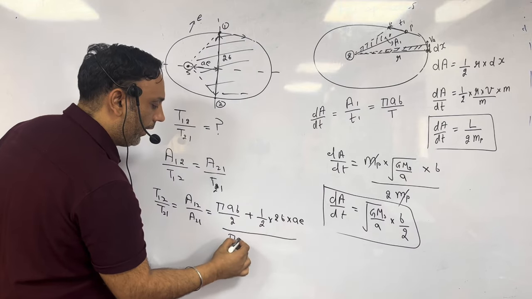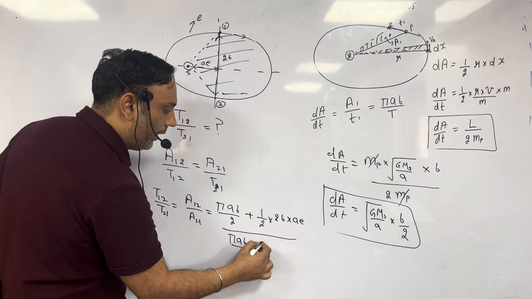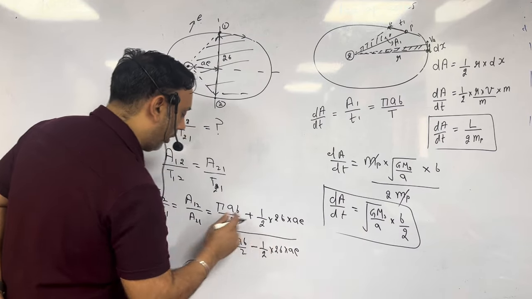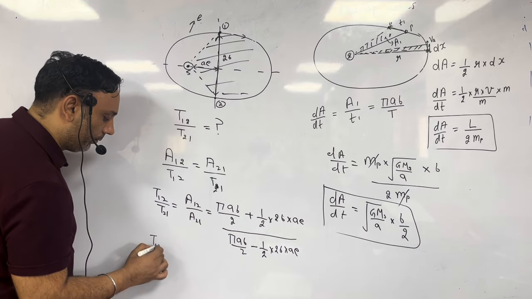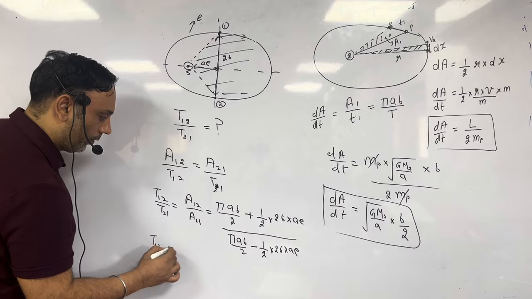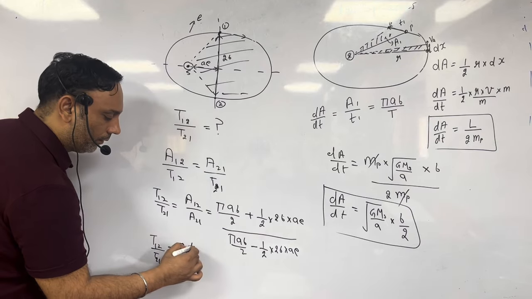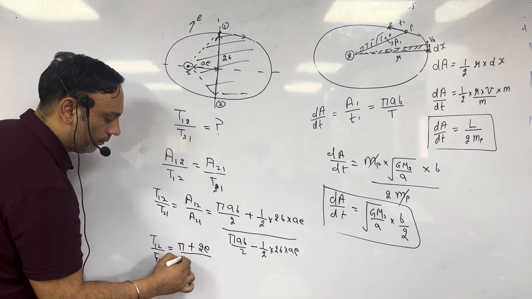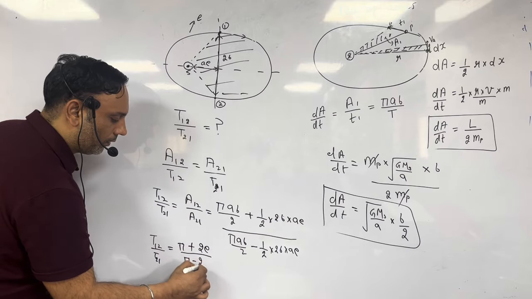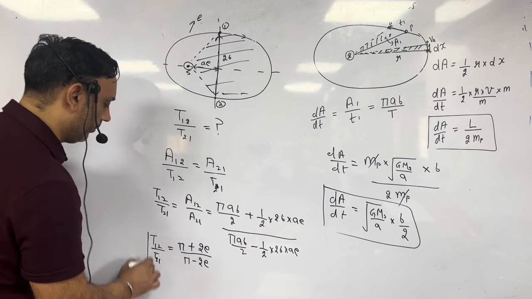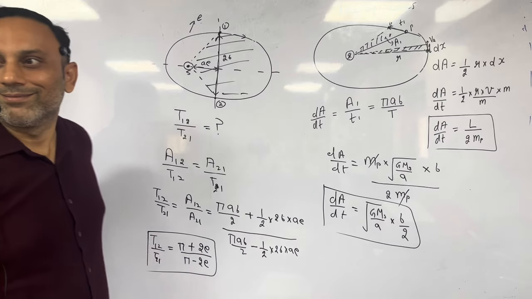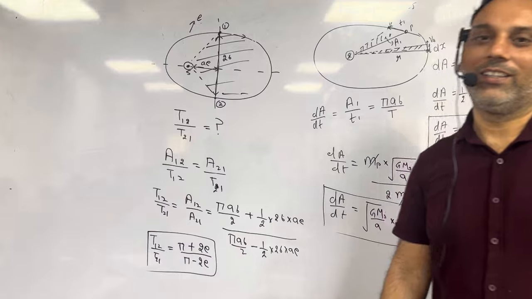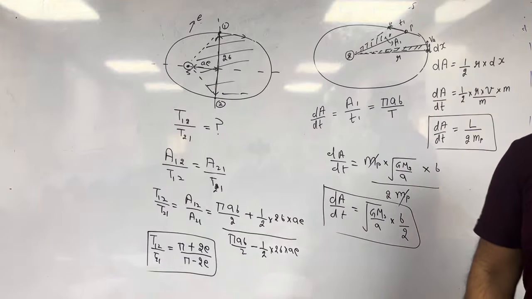So pi ab by 2 minus half into 2b into ae. On solving, what are you getting, beta? Pi plus 2e upon pi minus 2e. Yes or no? Understood or not, Samik?